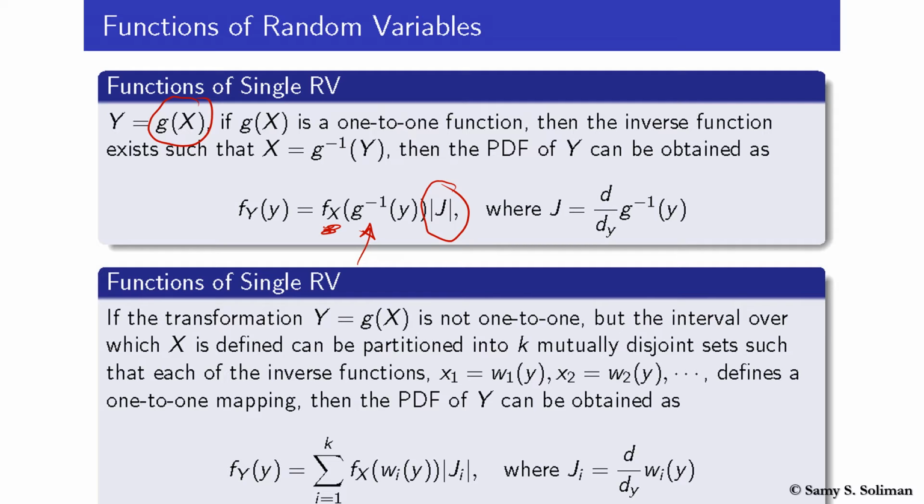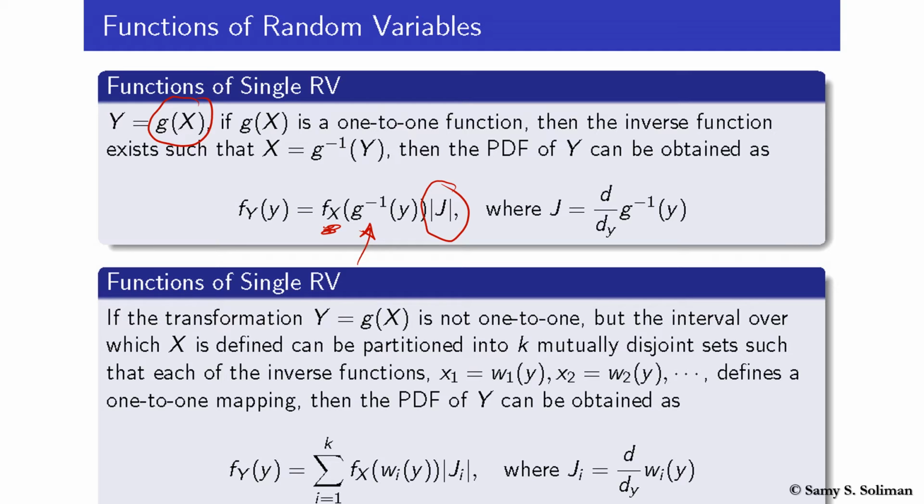because the functions f of y and f of x both represent probability density functions. And in order to keep the area under the curve equal to 1, that is the total probability, this Jacobian is added to the expression of the new probability density function to adjust the area under the curve such that it totals up to 1.